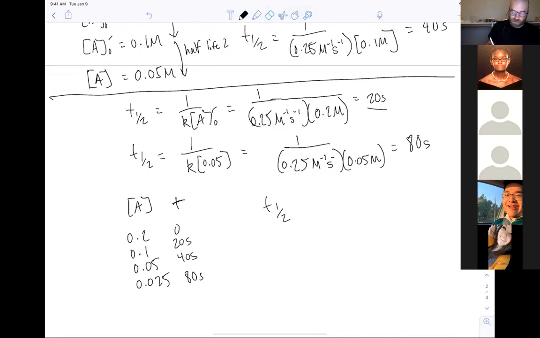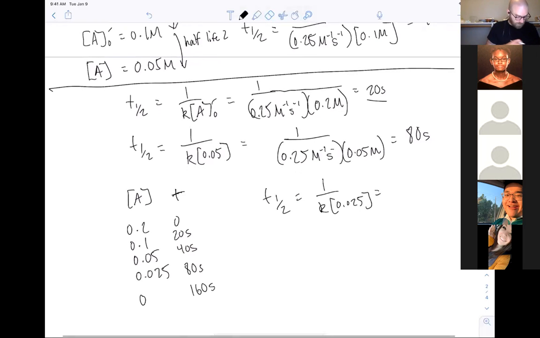And then if we calculate how long it takes to halve 0.025, now it takes 160 seconds. Yeah, so that's wrong.